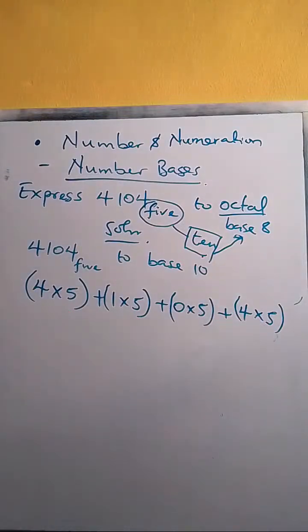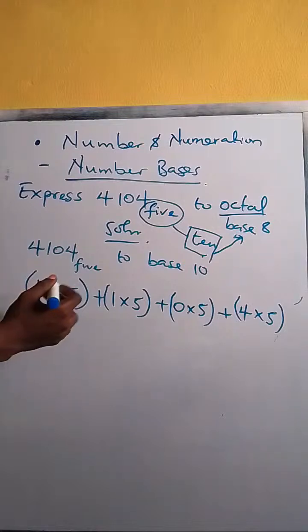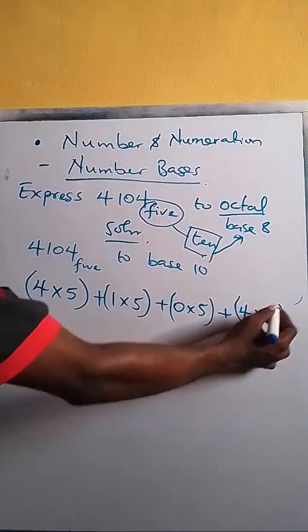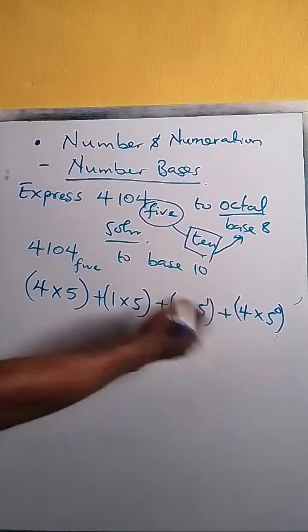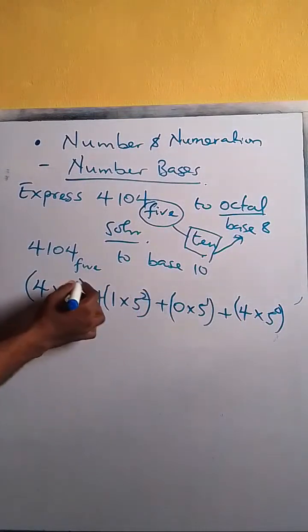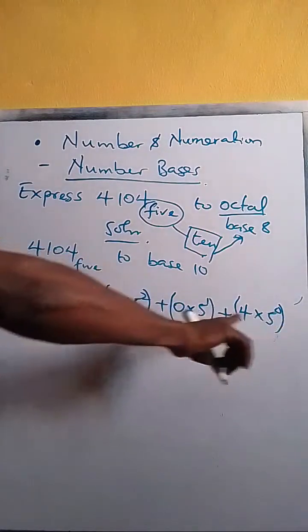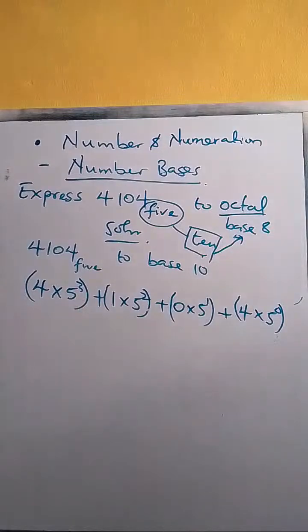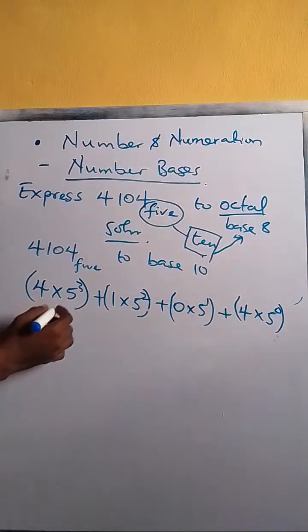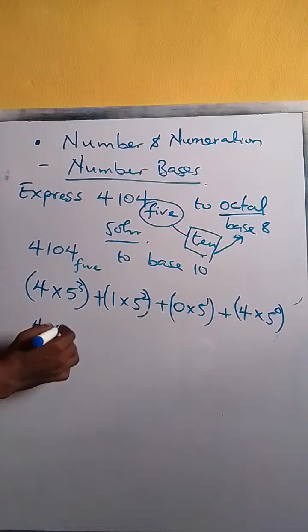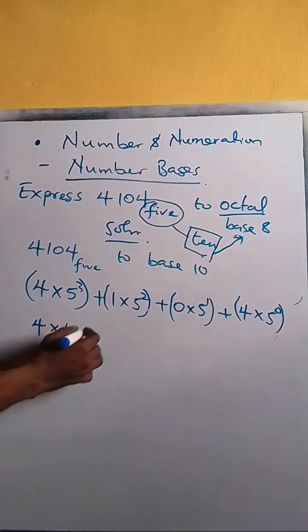Now, the next thing is to raise the base to the power of 0 from the right here. Then 1, 2, 3. So it keeps on increasing. Start the first one with 0, then 1, 2, 3. Then when you simplify this, 5 raised to power 3 means 5 multiplied by itself 3 times, which is 125.